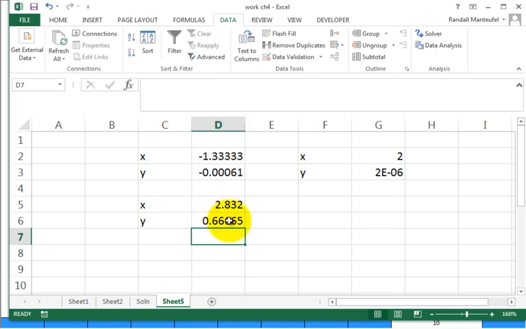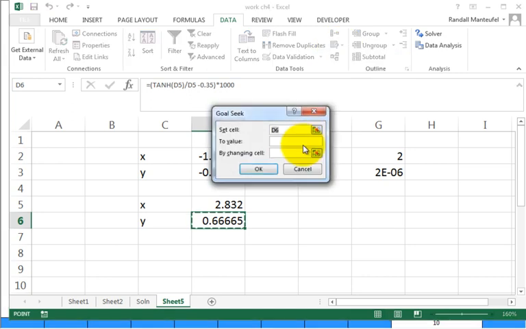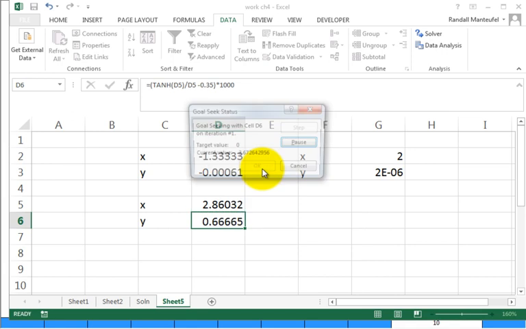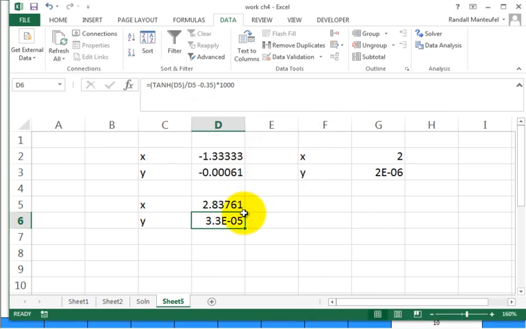Then I can come back in and say, goal seek this, drive it down to 0 by changing that. And it gave me some more digits of accuracy. So hopefully that was helpful to you.